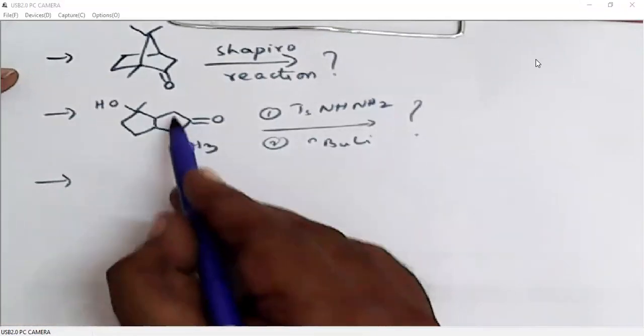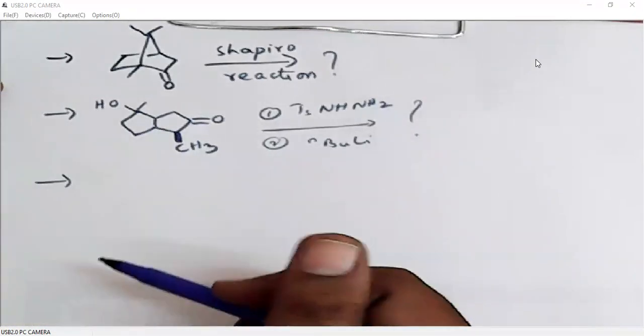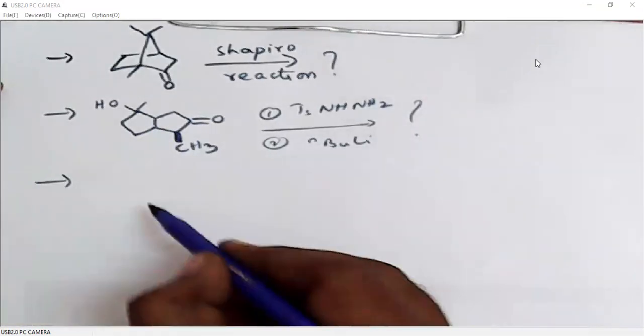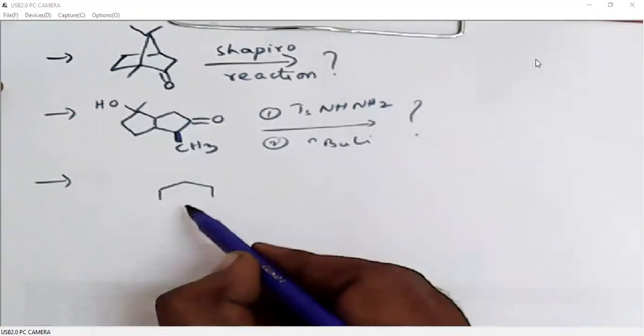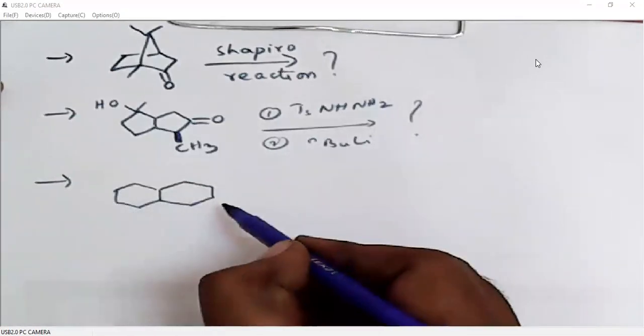We have selectivity here. Here also we have selectivity. Take these 3 examples and practice them.